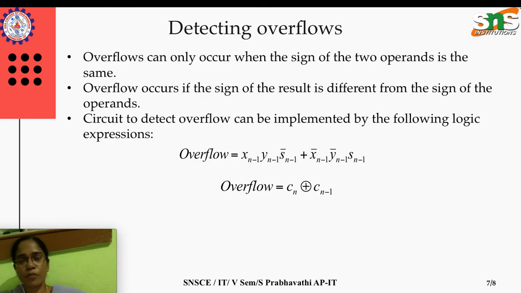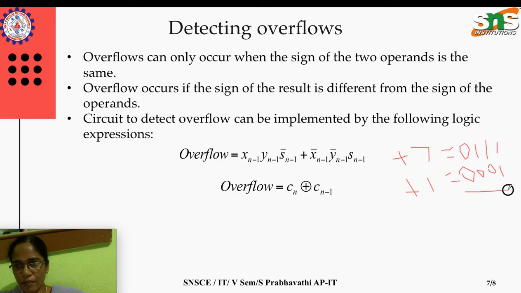Let me take an example. Plus 7 in binary representation is 0 1 1 1, and plus 1 is 0 0 0 1.